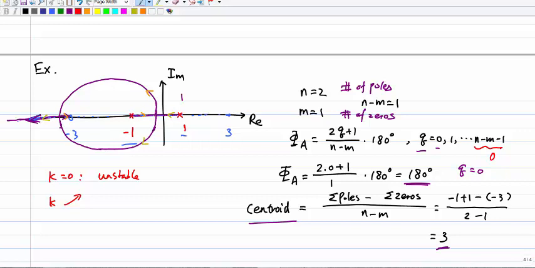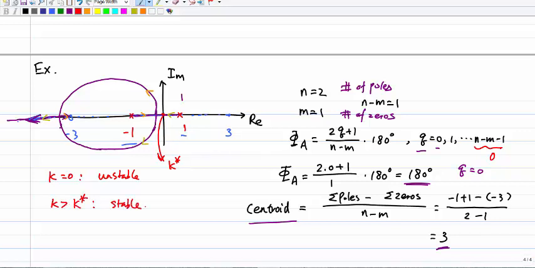So they start to move to the left-hand side. At a certain point, once K approaches some value and this line moves to the left of the imaginary axis, there's a critical point. So this is a K star. As long as I have a K greater than K star, I'm stable.